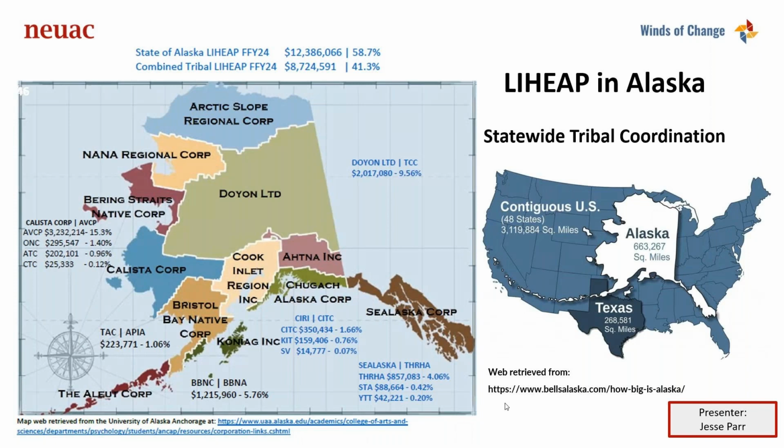And really, yeah, thank you to everyone, and to Pamela and Jacob for presenting. My name is Jesse Parr. I'm with the Division of Public Assistance within the Department of Health for the state of Alaska, and again, I feel like everyone in the previous presentations has discussed some of the challenges with the different methodologies.